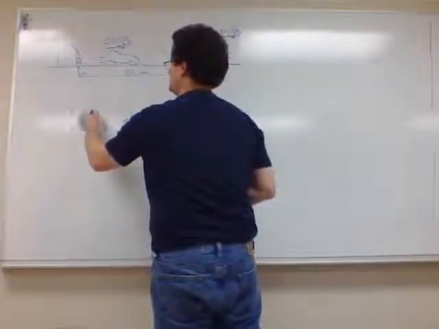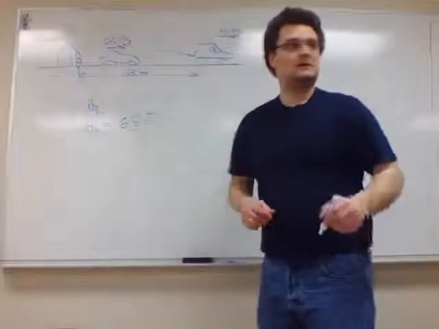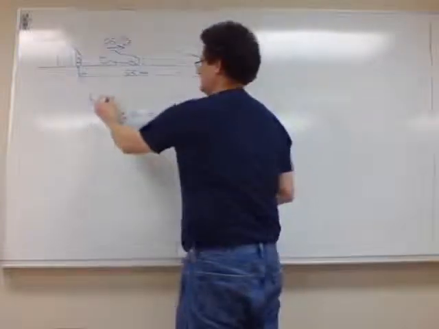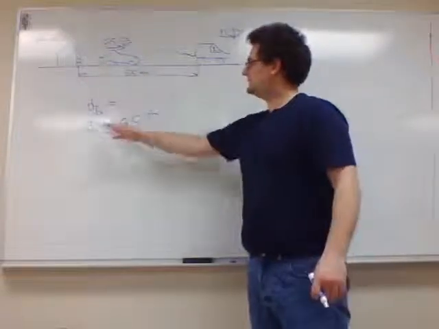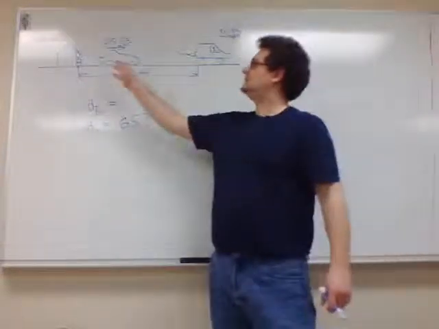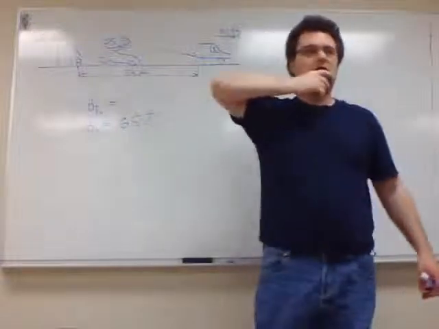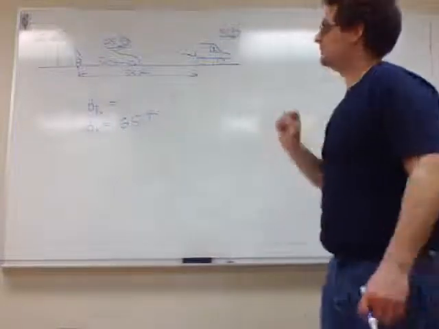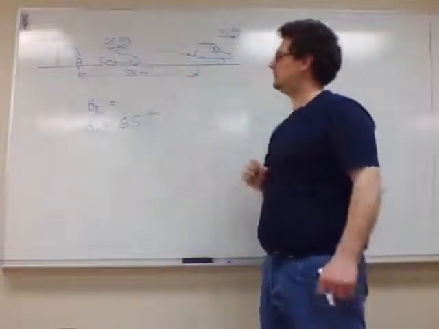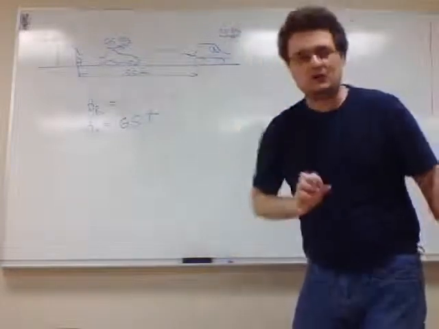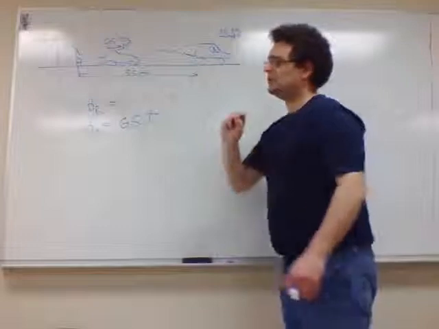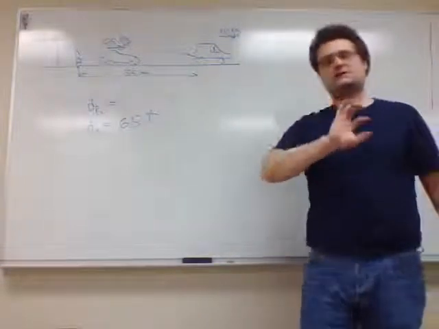Now what about your brother, D sub B? How far is he going to be? When I say distance traveled, I mean distance from your house, from the point where you took off. Now, after 1 hour, he's already going to be 55 miles far from you.